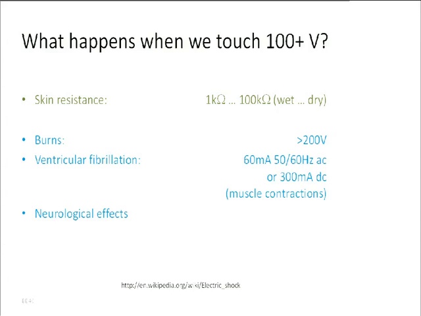Normally, if it tingles a little bit, of course, you want to let go, but your muscles contract and you have no control over them anymore. And then there are neurological effects where somehow your nervous system is taken over by currents that come from outside. That's obviously also not very good.